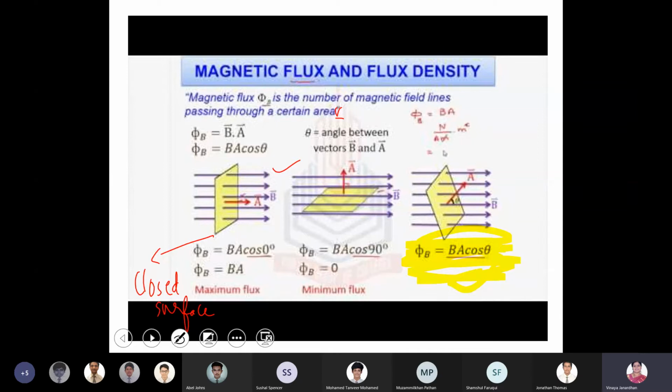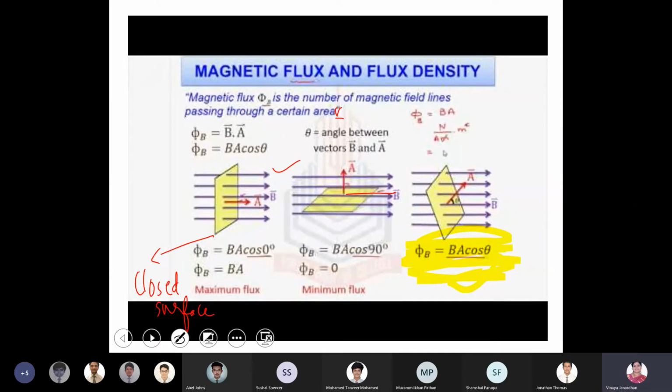In the second diagram, the angle between the area vector and the magnetic field vector is 90 degrees. So cos 90 is 0. The flux passing through the loop is 0. In the third case, the angle between the area vector and B vector is theta. The flux depends on the value of theta.